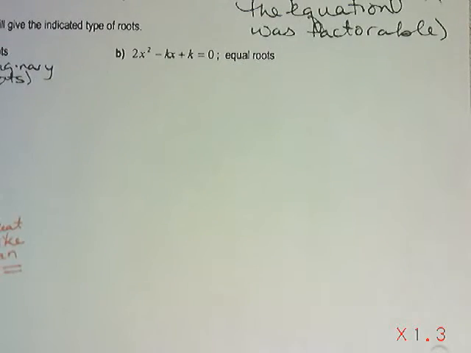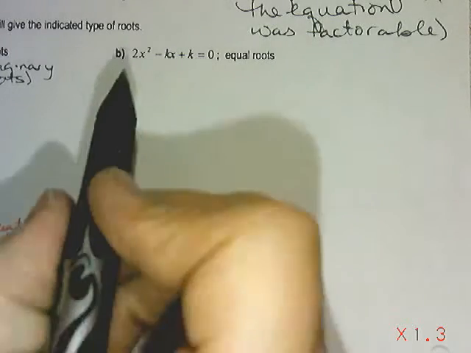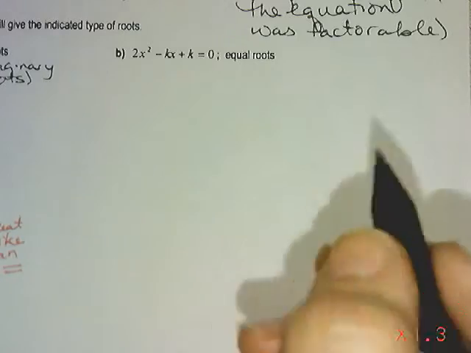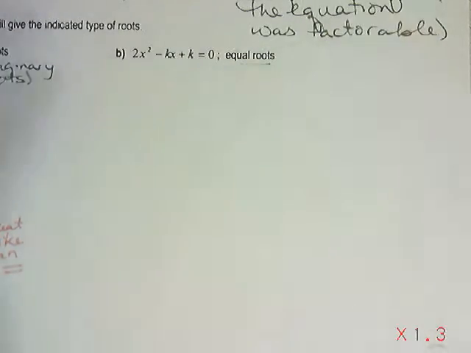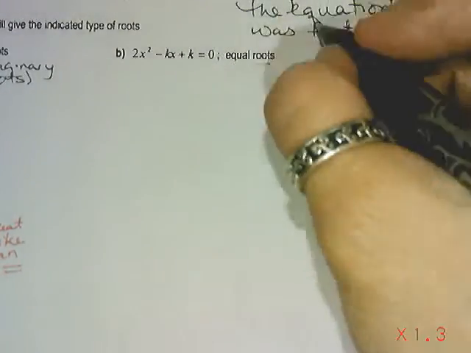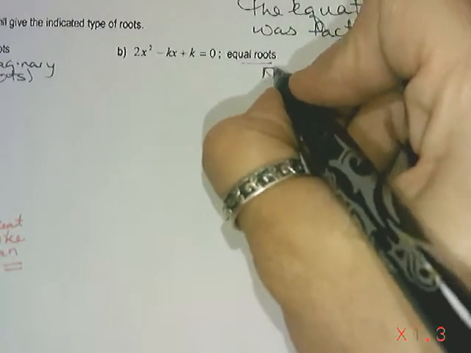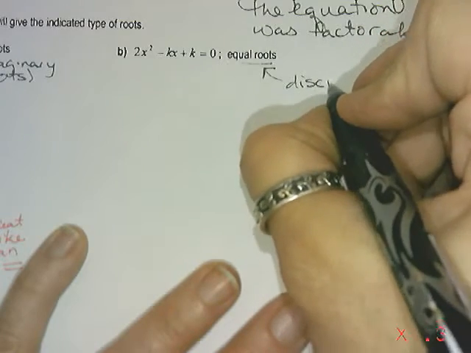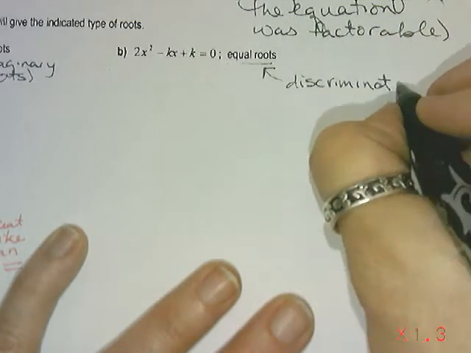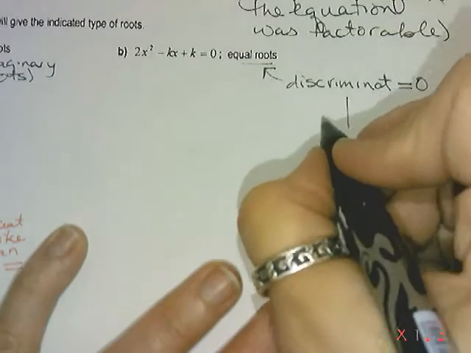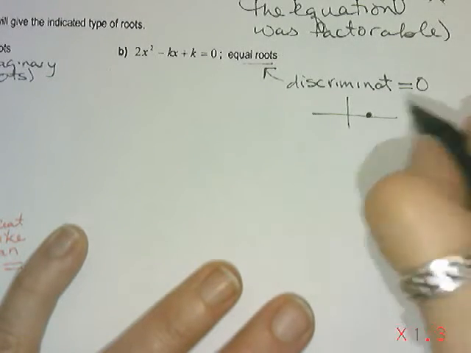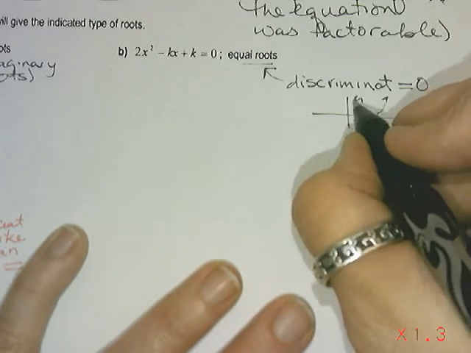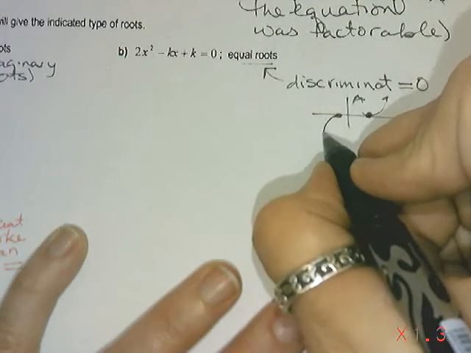Okay, one more step different. I have got that same mystery number, but in 2 spots this time. And I want to know when will they have equal roots. So I want the situation where I have a parabola. I know I need a discriminant equal to 0 to create a situation where I have a parabola with 2 equal roots on top of each other, perhaps opening up, perhaps opening down.